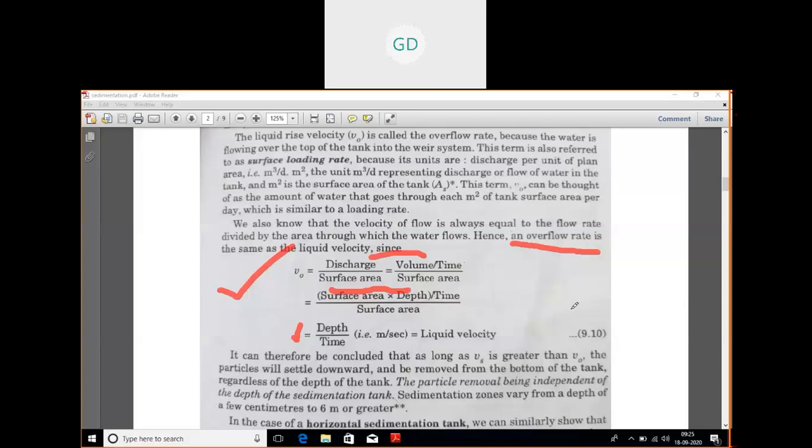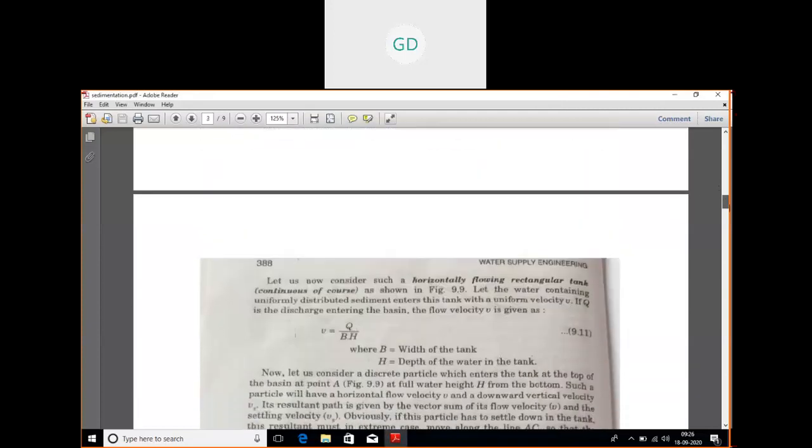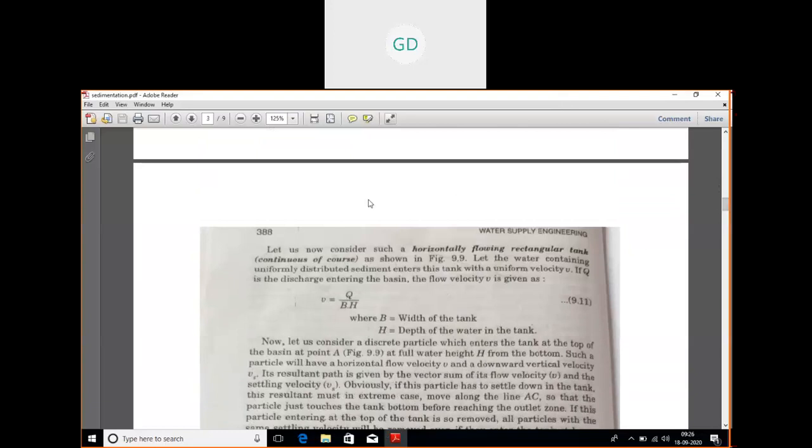Written. Okay. So let's proceed to the next formula. Write down this formula.